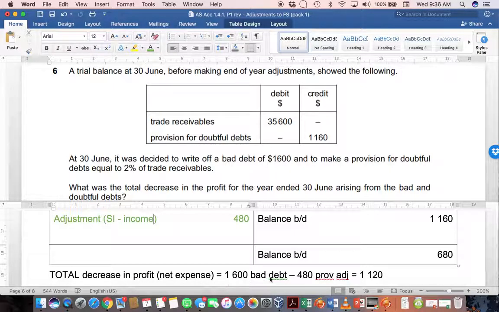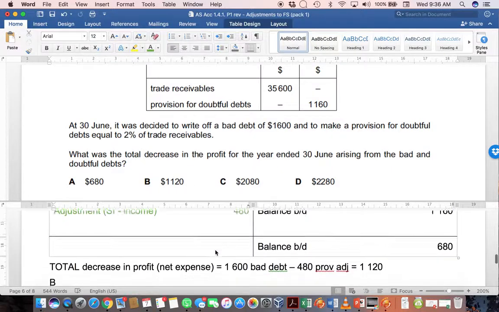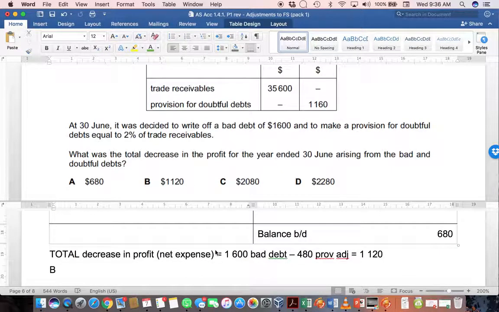So we need to factor in our 1,600 bad debts, but at the same time, we also need to adjust for the provision adjustment that we made, which means that the actual effect is not the full 1,600, but only 1,120, because the bad debt is an expense, but this provision adjustment is an income which offsets it. So my answer needs to be 1,120, and I would therefore choose B as my answer.